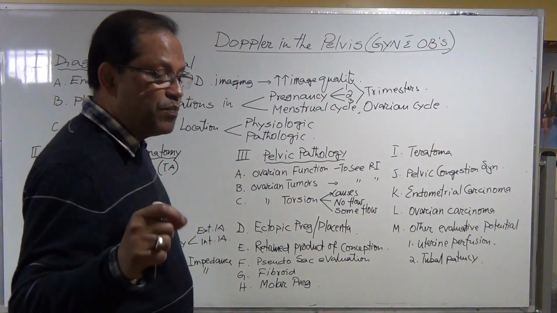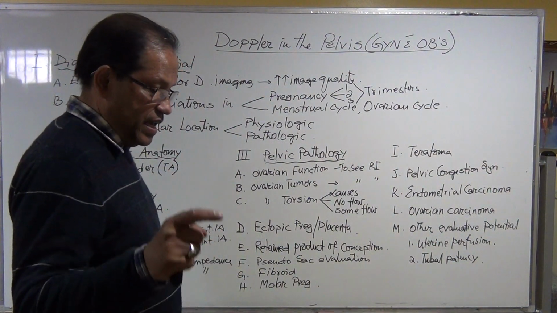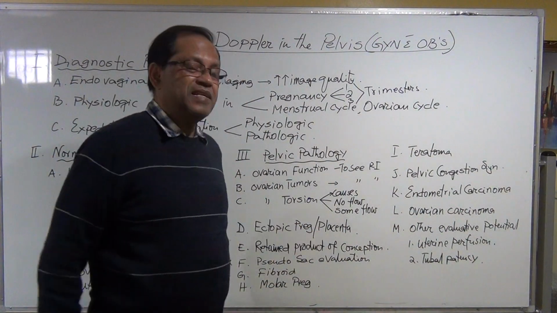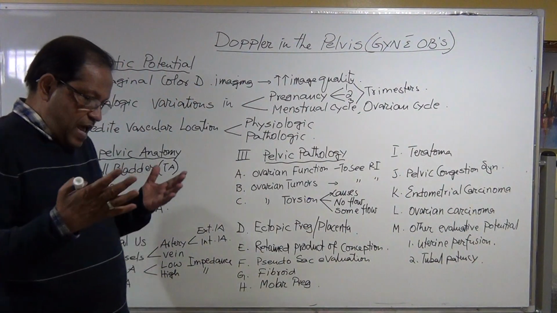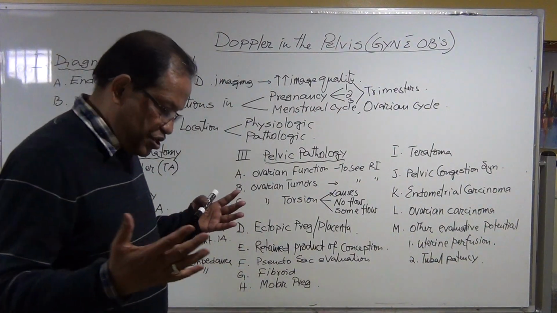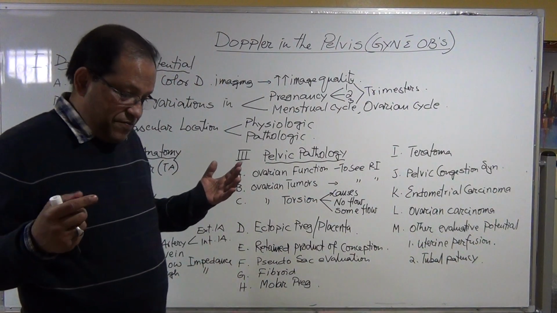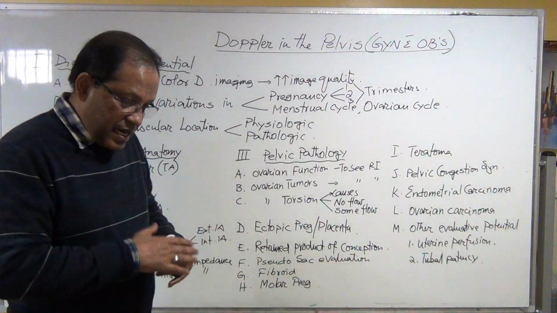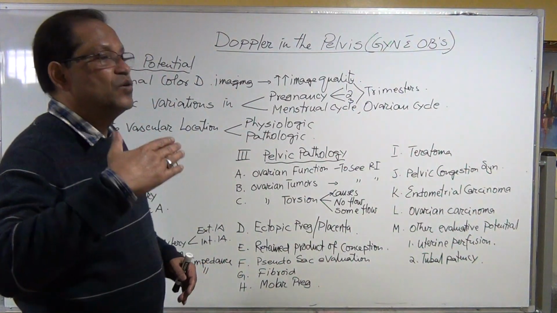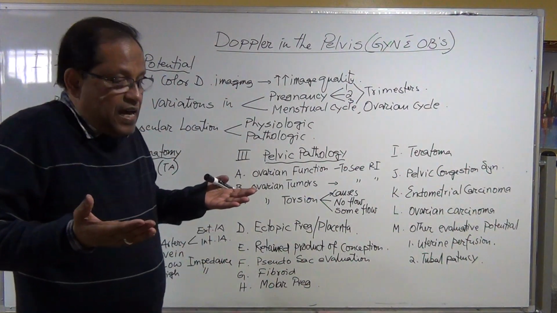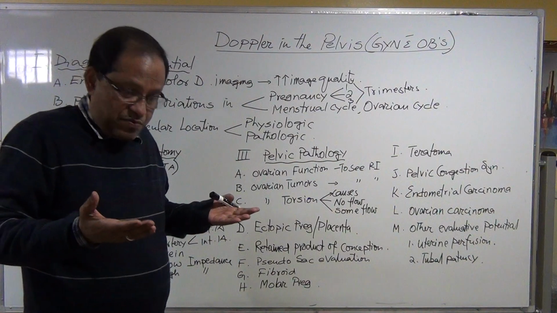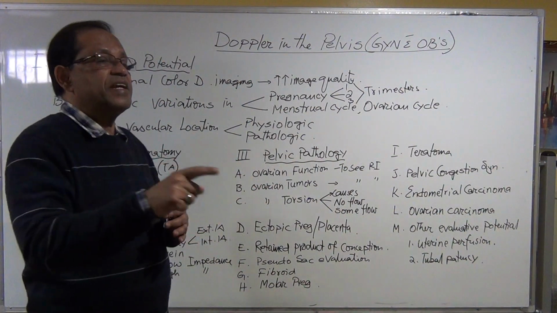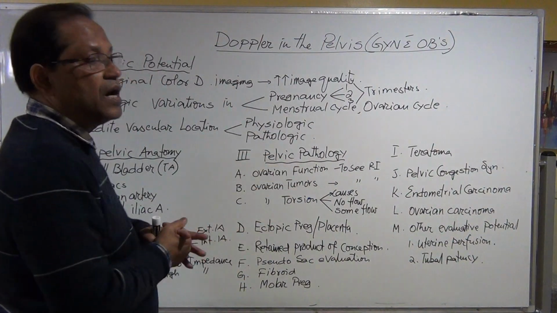Doppler is very important to identify an ectopic pregnancy, live or dead. Then placentation. The sonographic appearance of the placental tissue, we can figure out by 8 weeks. Gradually it grows and its echogenicity increases, and by 10 to 12 weeks we can really identify it. Okay, this is the placenta.